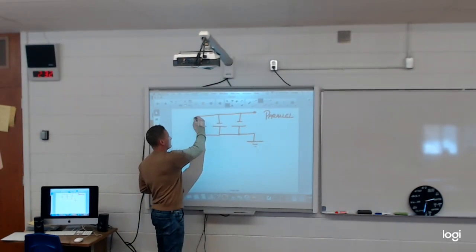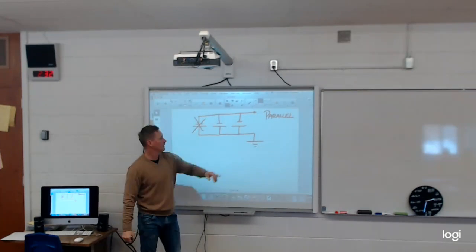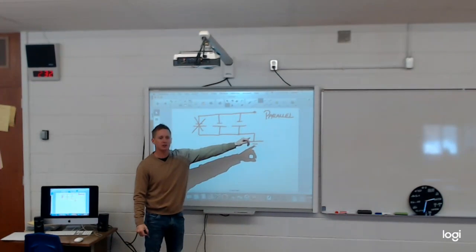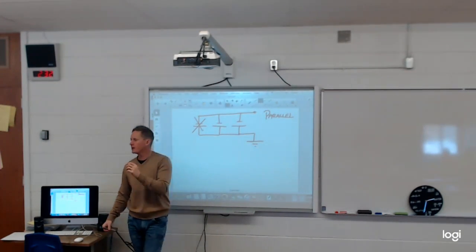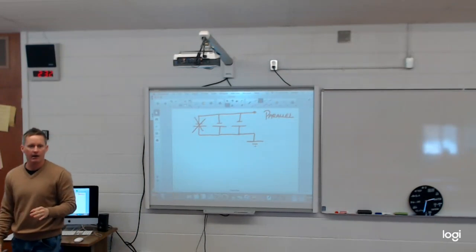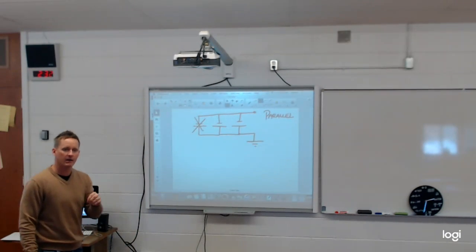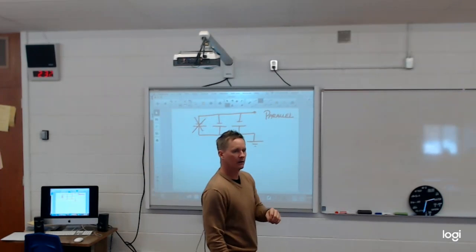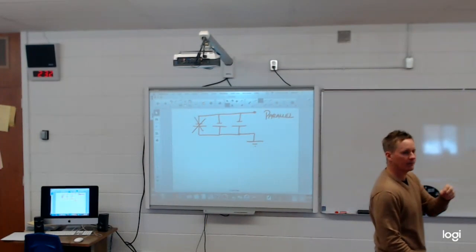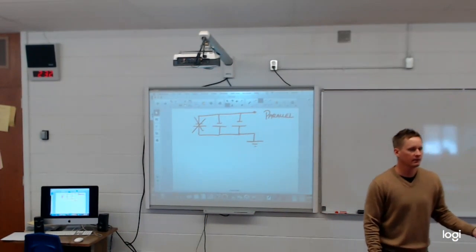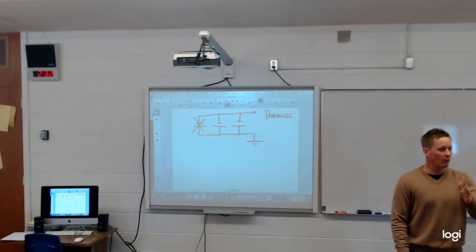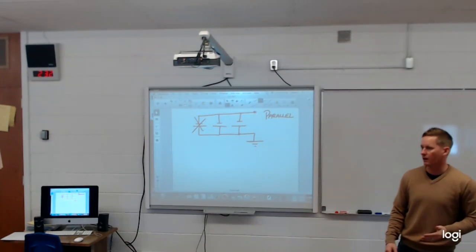So if this one burnt out, you still have two other routes in which they can go. So if you connect 3 batteries in parallel, and one of the batteries goes, you're still going to get a little bit of current drawing from it, because it will bypass the one that doesn't work.